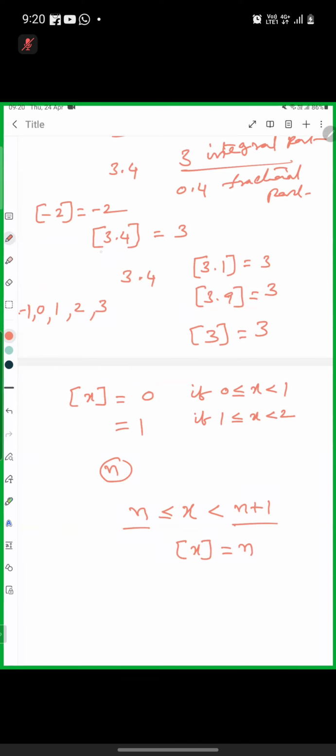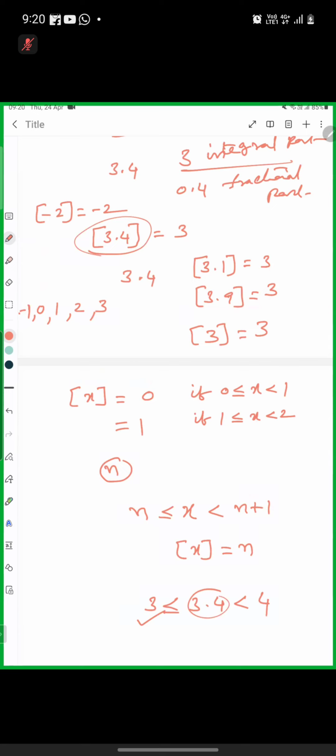If you take 3.4, what are the integers between which 3.4 lies? Successive integers, 3 and 4. That's why the integral part of 3.4 is 3. If a real number x lies between two consecutive integers, then the integral part is the lesser integer, that is n.